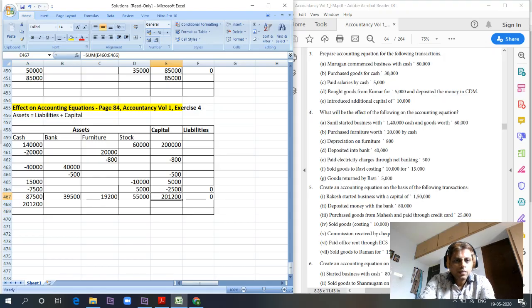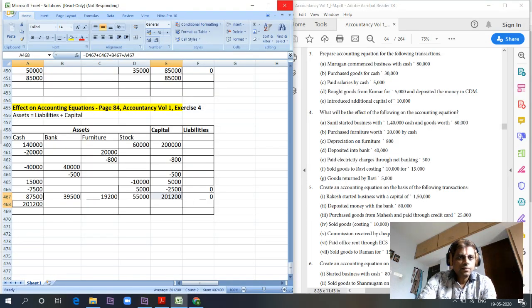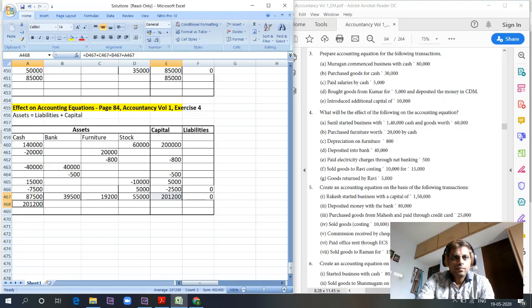You can see here the total of assets and liabilities are matching. Right? Total of assets is equal to total of liabilities. Asset is equal to capital plus liabilities. 2 lakh 1,200, 2 lakh 1,200.